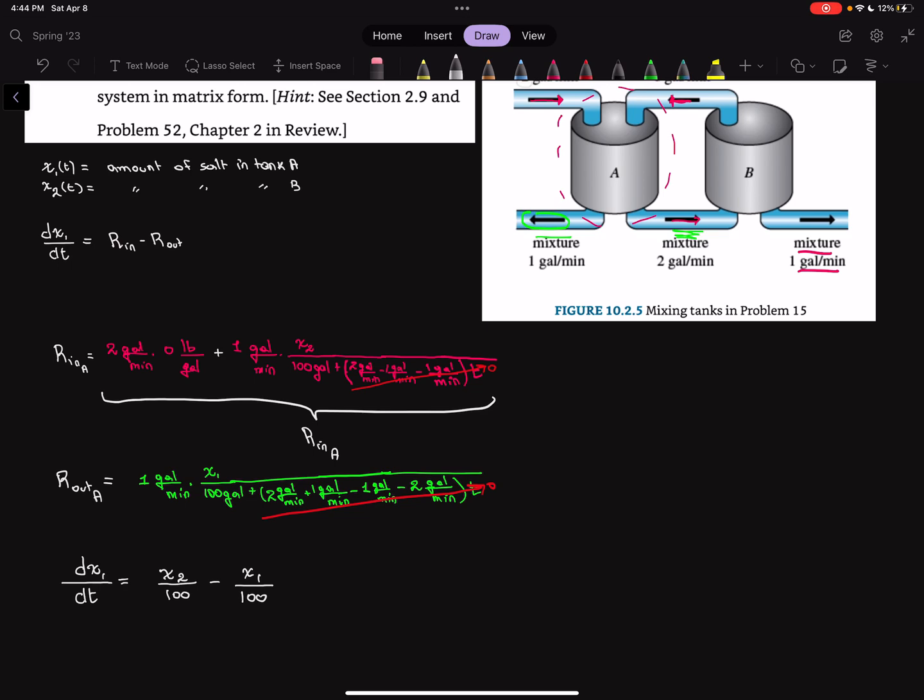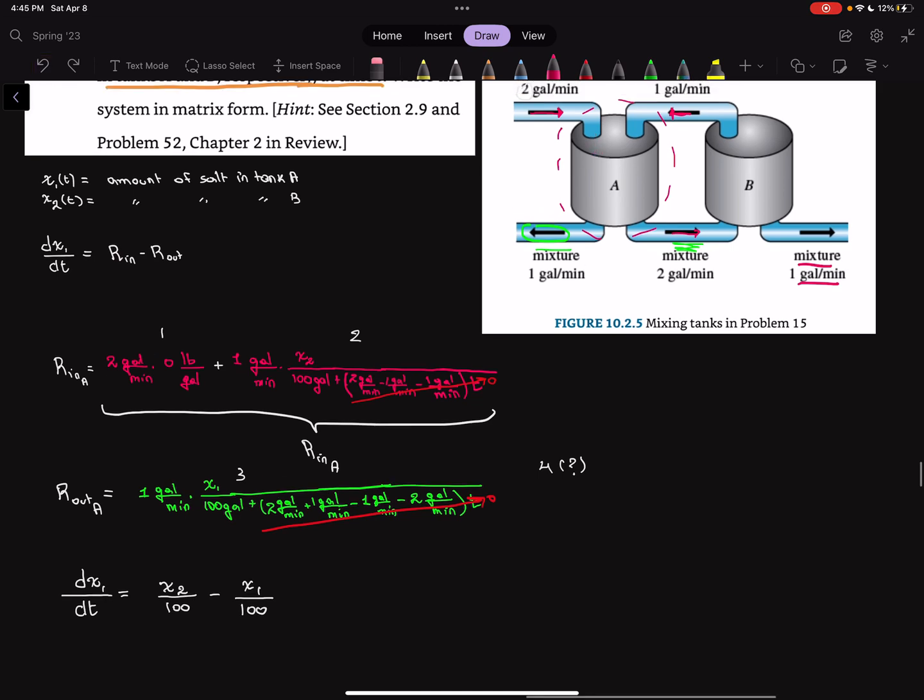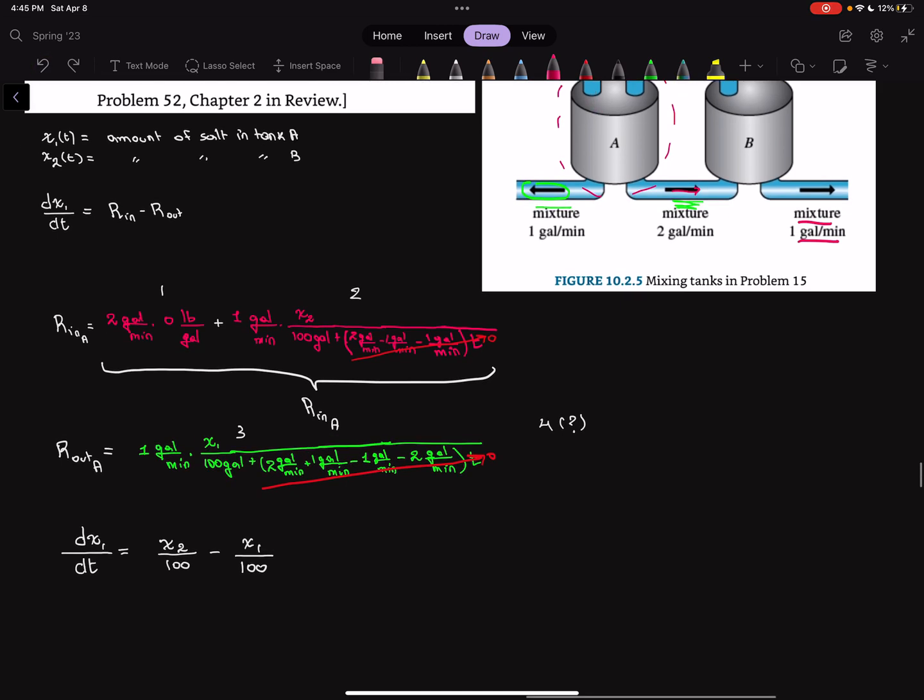So you see how we only have this term, one term, two terms, three terms. Where's the fourth? We had four things going either in or out. So we need to have four things in our model as well. And indeed, I forgot this one, the two mixture coming out.